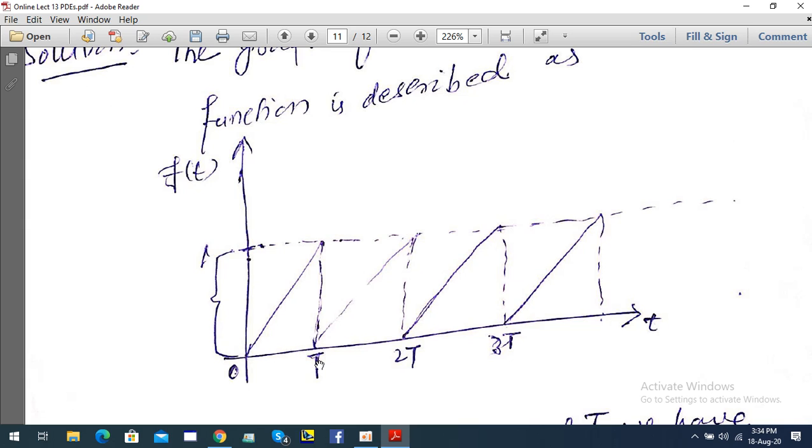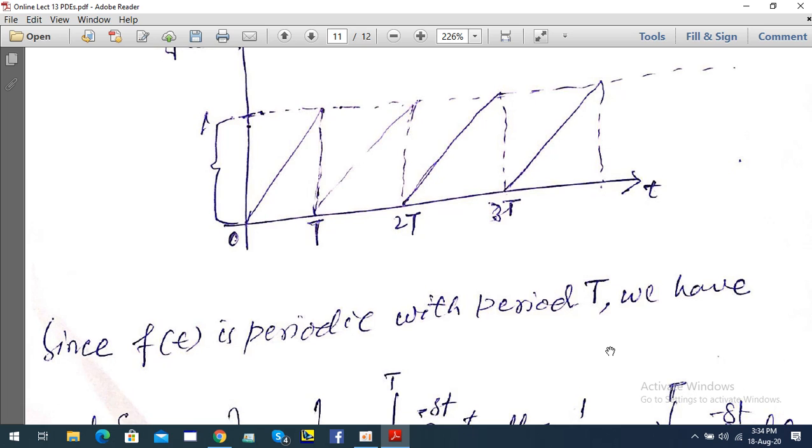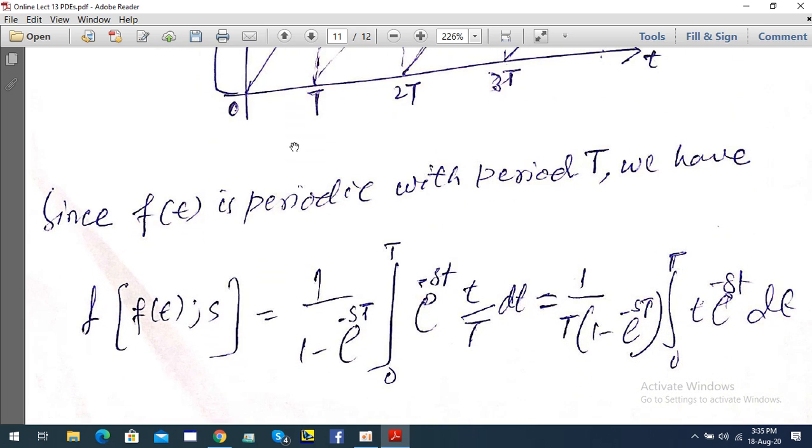When it becomes T, the value is 1. And after a period of T, at 2T, its value is again 1. So this is the graph of the sawtooth function. Since f of t is periodic with period T, we have this formula.